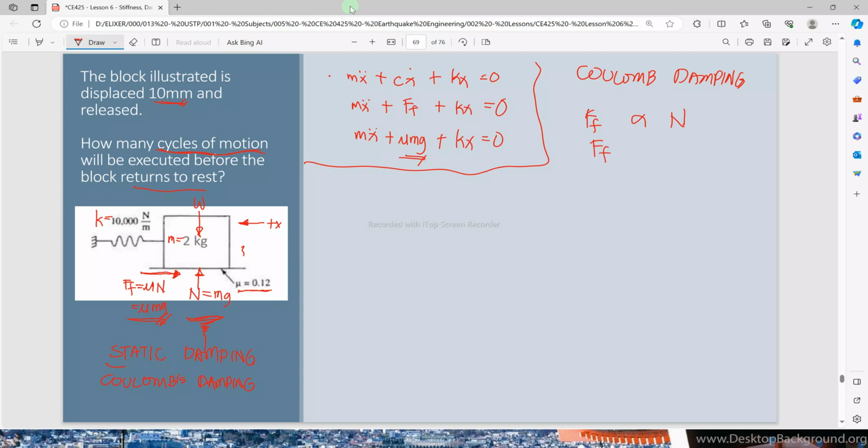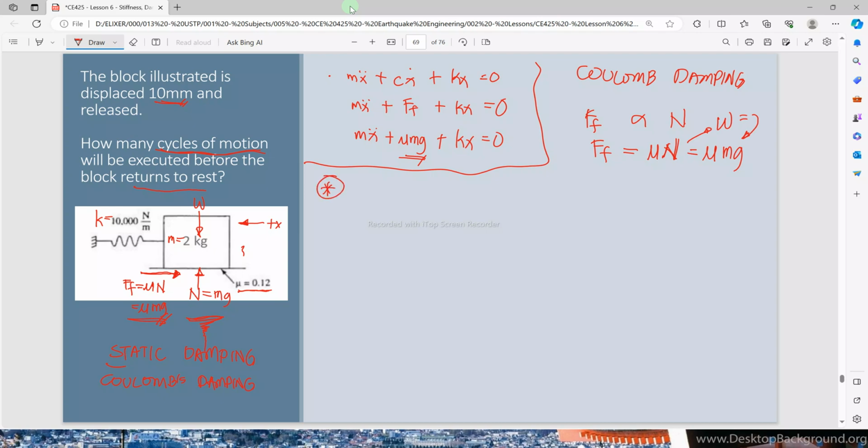The constant of proportionality is the coefficient of friction mu, so we have mu mg. Because here we only have the mass, the normal force is just equal to the weight, and the weight is just the mass times the gravitational acceleration. So take note of this formula.